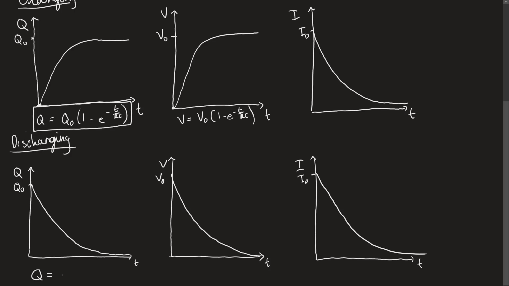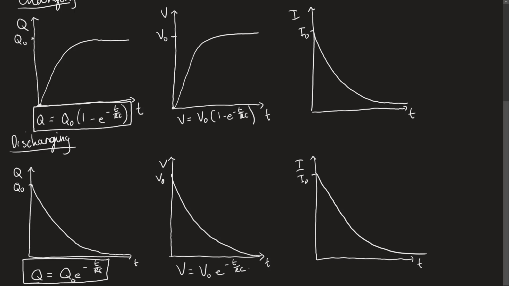the discharging ones actually follow a simpler expression. These are just exponential decays. So we end up with Q is equal to Q naught times e to the minus t over RC. And again, this follows a similar trend, but this one is not on your formula sheet.